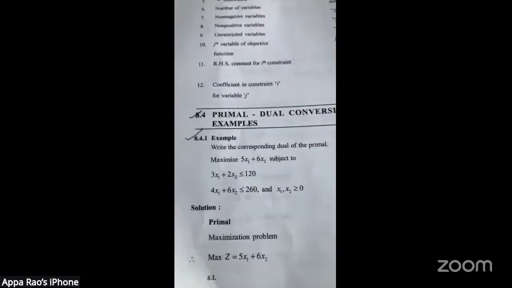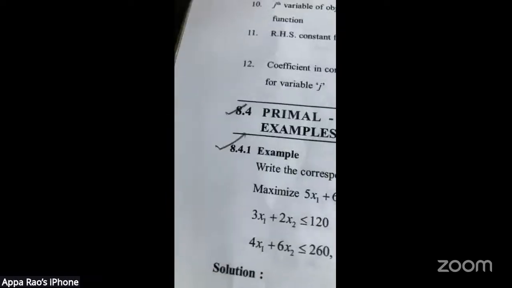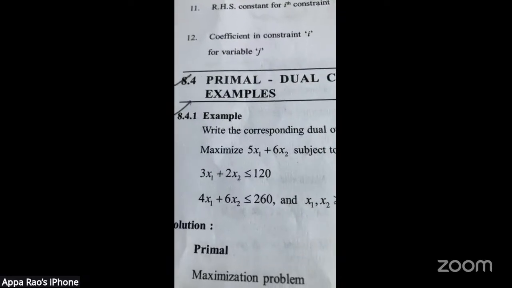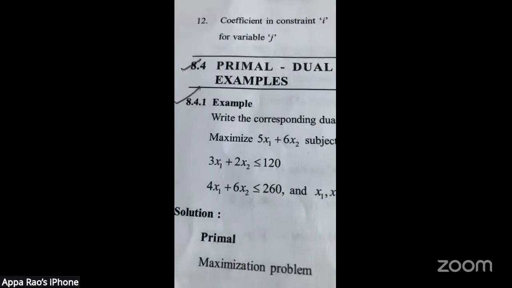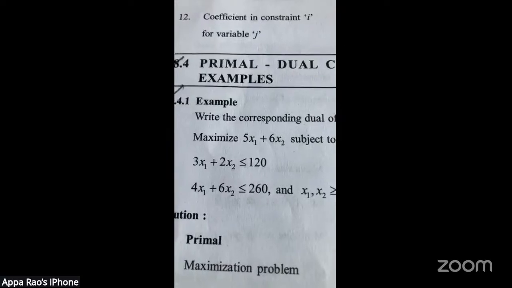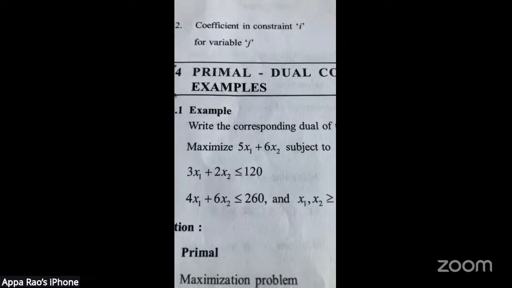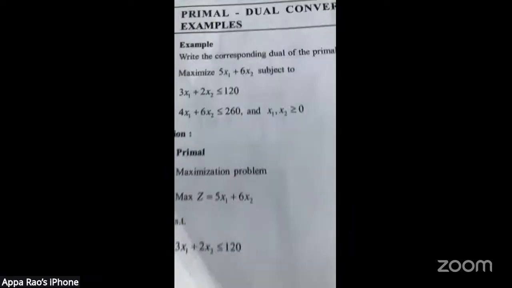Next, primal-dual conversion, tabular form examples. Write the corresponding dual of the primal: maximize 5x1 plus 6x2 subject to 3x1 plus 2x2 less than or equal to 120, 4x1 plus 6x2 less than or equal to 260, and x1, x2 greater than 0.